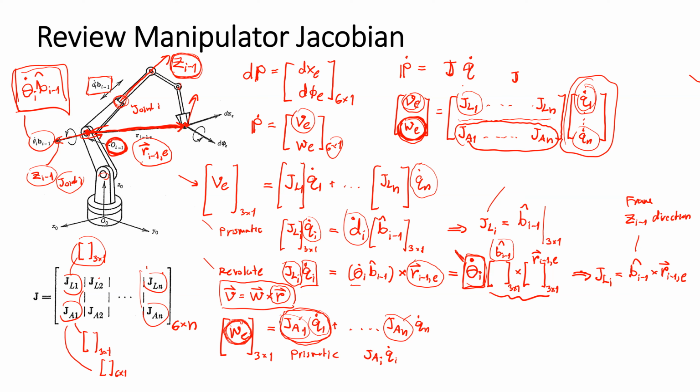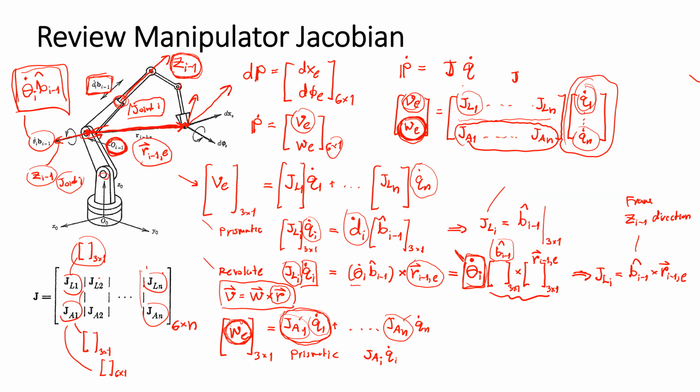If we consider joint I as prismatic, if joint I moves with the speed of Qi dot, the endpoint will move with the same velocity vector.